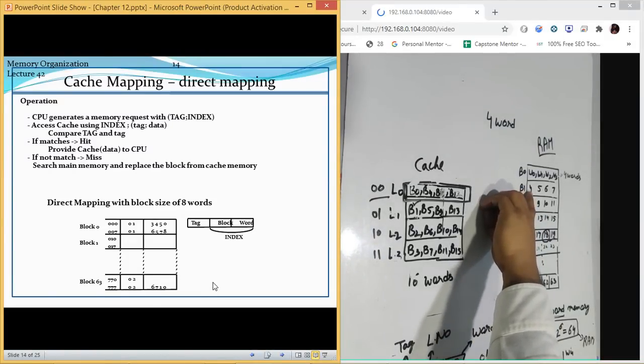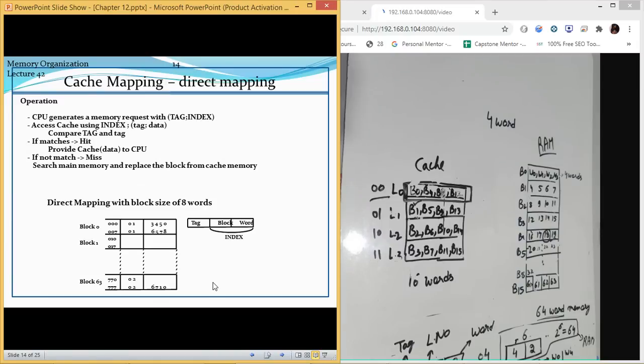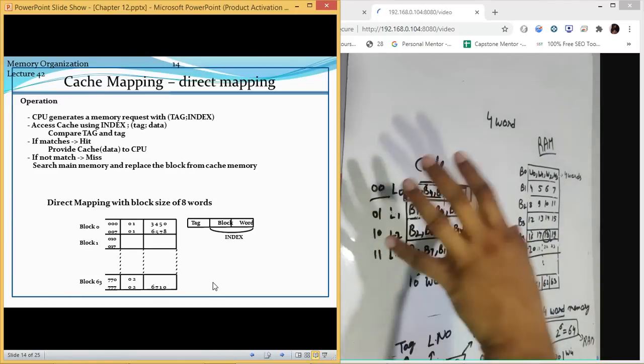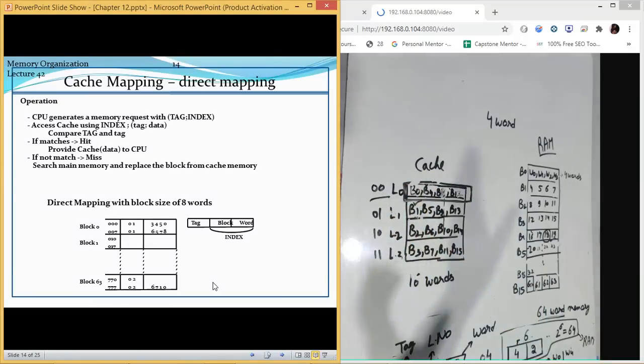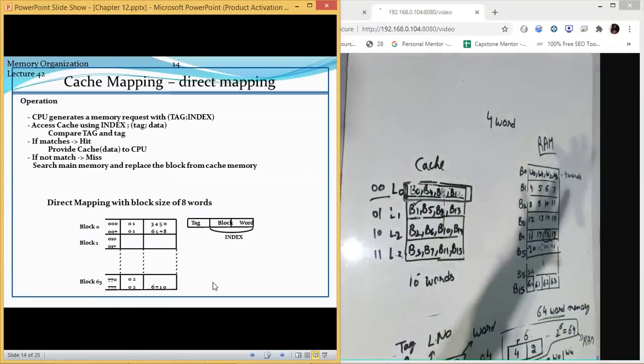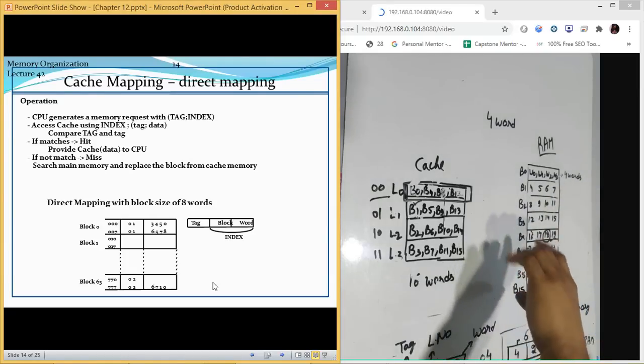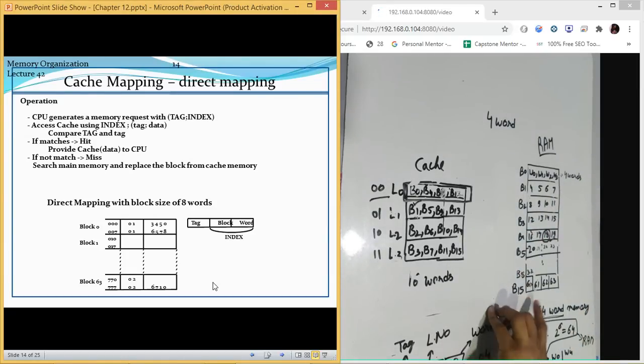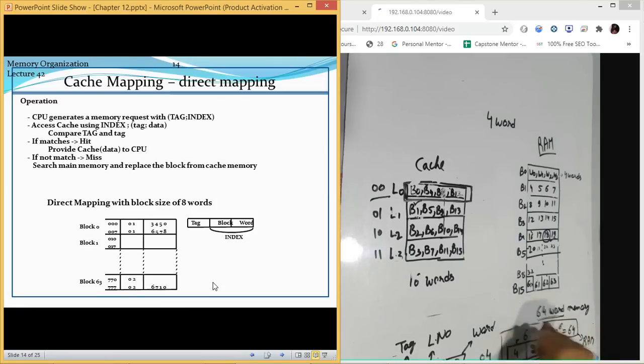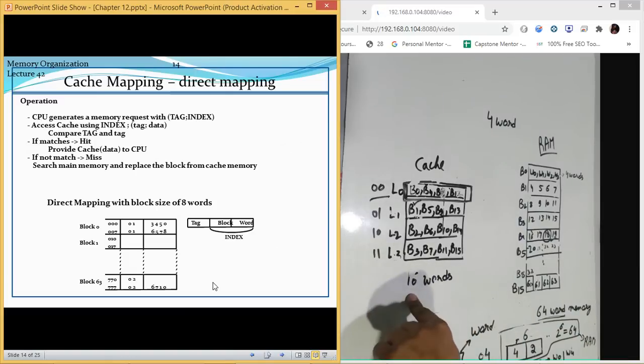So block 1 and 0th address. So it is this one. What is that value? 4. So we can use the same number of bits inside cache as well as inside the RAM. Now how is it different? Even though this size is very huge, this is a 64 word memory. It can store 64 words. This can only store 16 words.